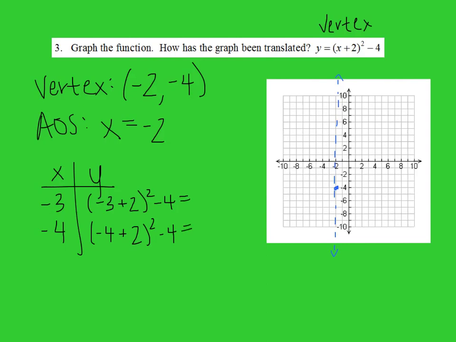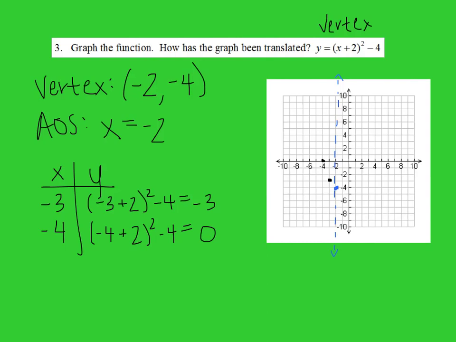Okay, so I plugged those into my calculator, and here I get -3, and here I get 0. So I'm going to plot those points. I've got -3, -3, which is right there, and I've got -4, 0, which is right there.